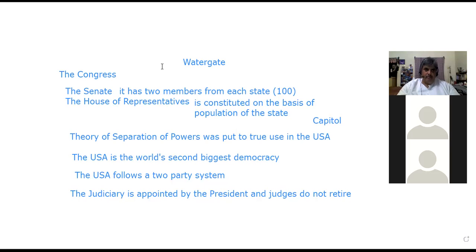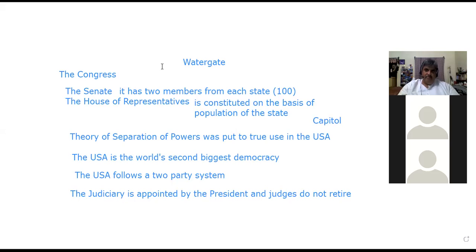So therefore, strictly speaking, even though the Senate is supposed to represent the interests of the state, so that smaller states do not get dominated by bigger states, in the actual working of the politics of America, the Senate as the representative of the states is hardly something that you witness.